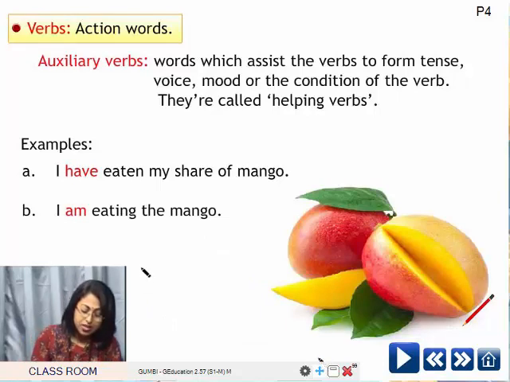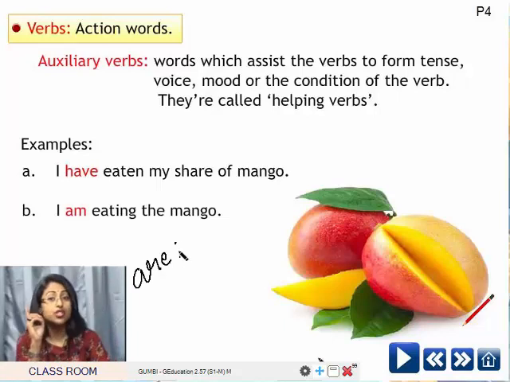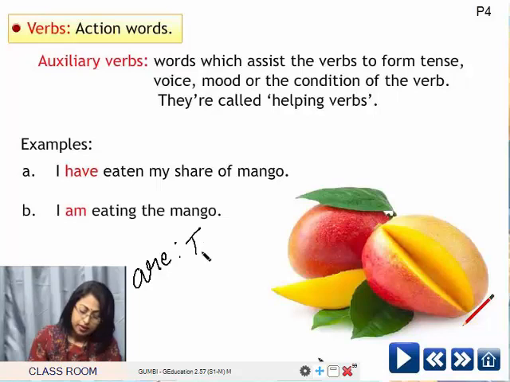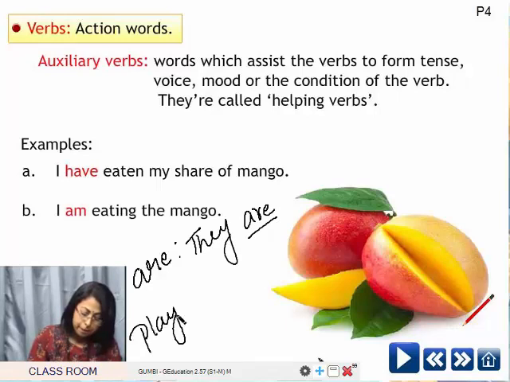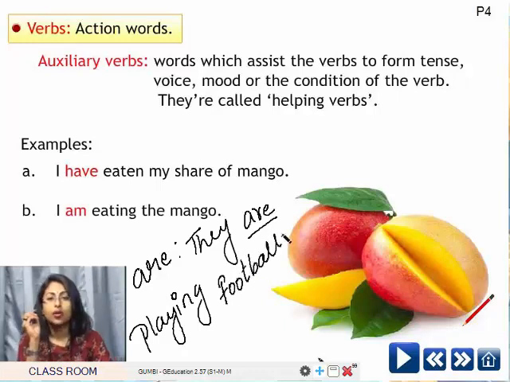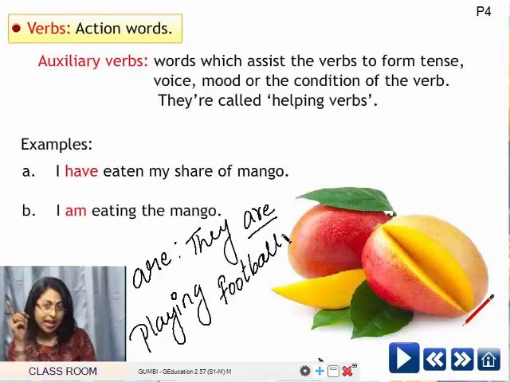All right. The next was are. So are is your plural form. So let's say, they are playing football. Alright, students, are is a plural form. So they refers to a lot of people.